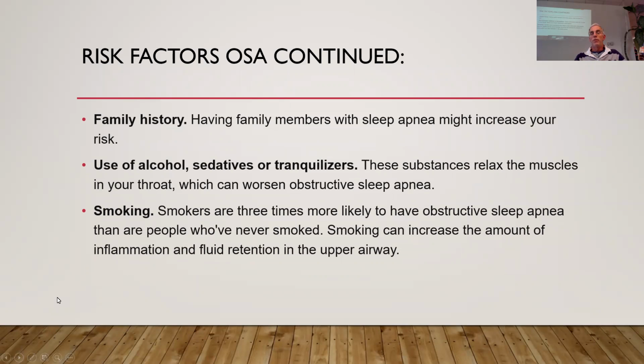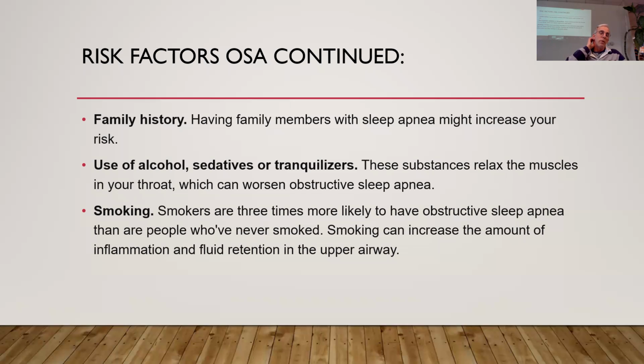Now, risk also relates to family history. If you come from a family of individuals who are either diagnosed or not diagnosed with sleep apnea, then you're probably at greater risk. Same with individuals who use tranquilizers, sedatives, and alcohol. These also tend to relax the muscles, not just all over your body, but in the back of the throat, and worsen any tendency you already have for sleep apnea.